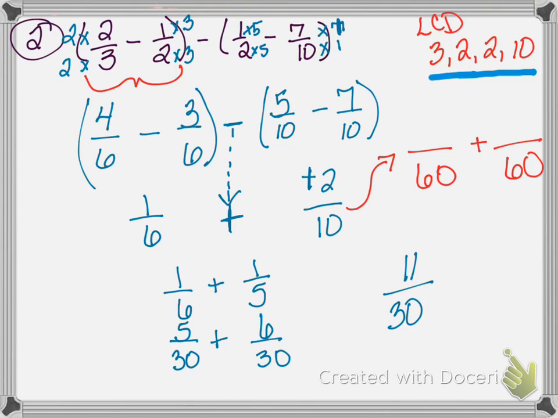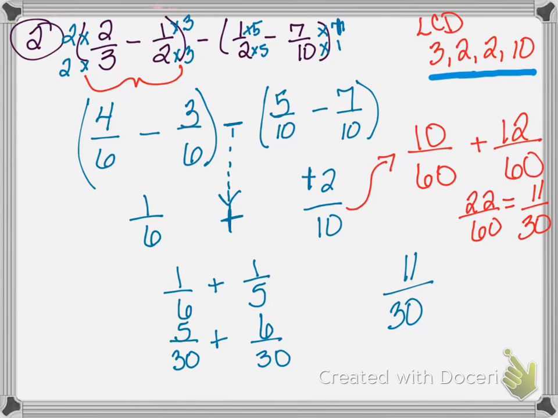Okay, 6 goes into 60 10 times. 10 times 1 is 10. 10 goes into 60 6 times. 6 times 2 is 12. You get 22 over 60. What goes into both of those? What goes into 22 and 60? They're both even, so what does that tell you? 2. So this simplifies to 11 over 30.